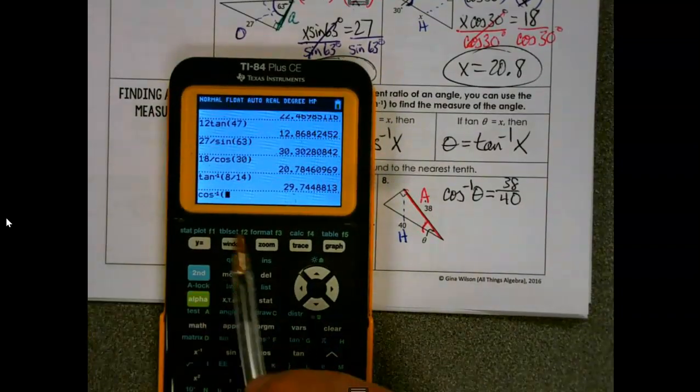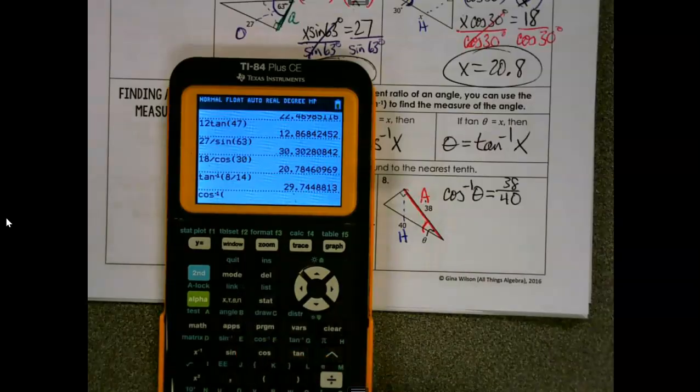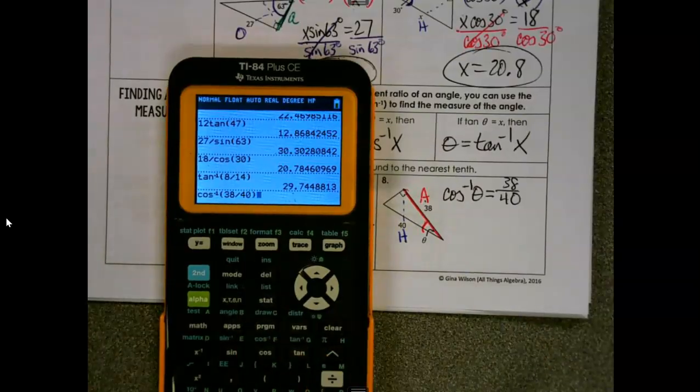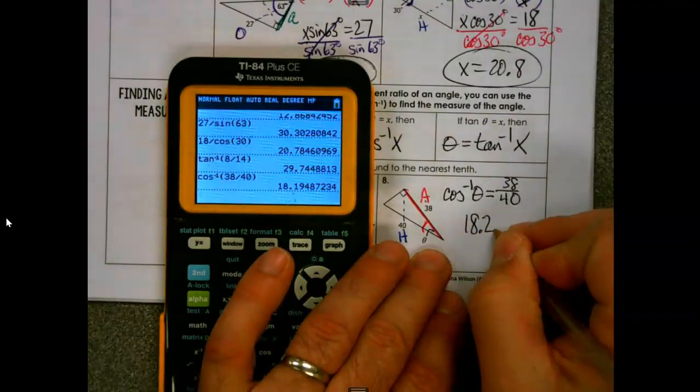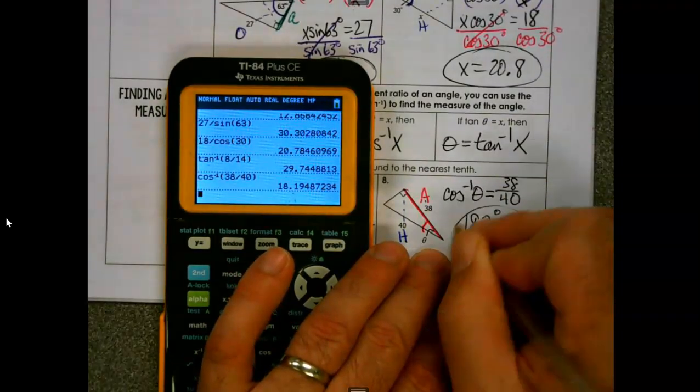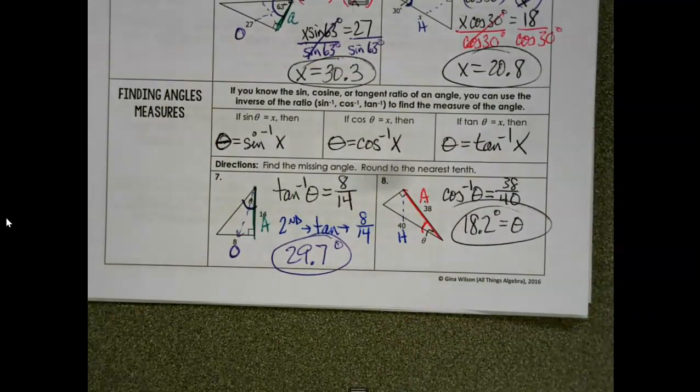Second cosine. Whenever you're doing angles, you got to see the little -1. Otherwise, it's not going to work. And that's how you find angle measures. As long as I see degrees on an angle, I'm good.